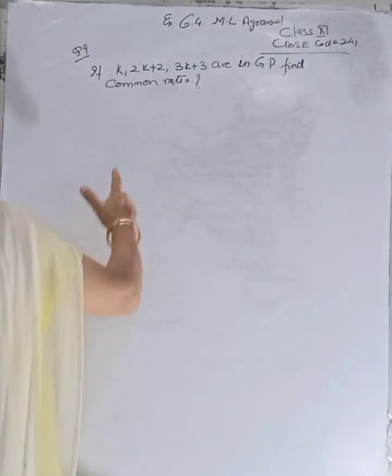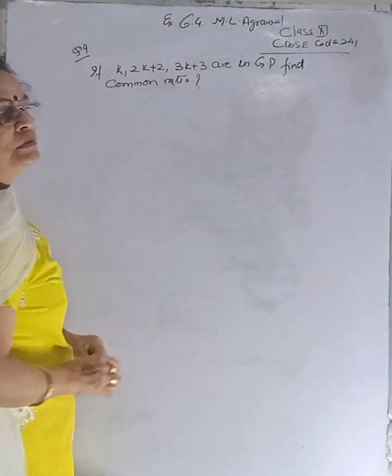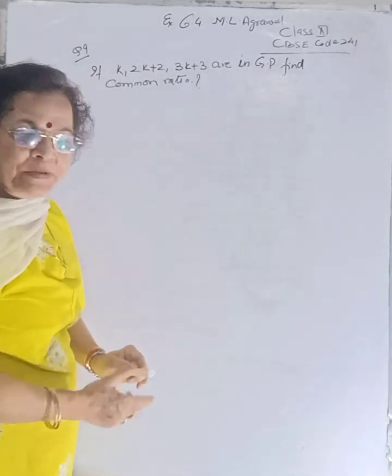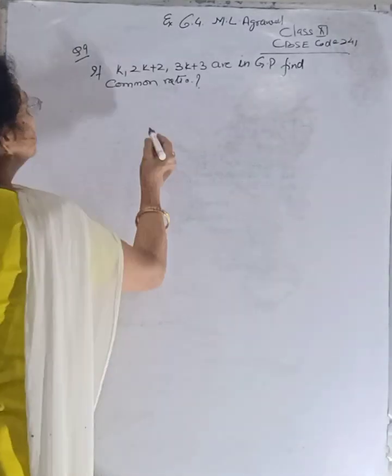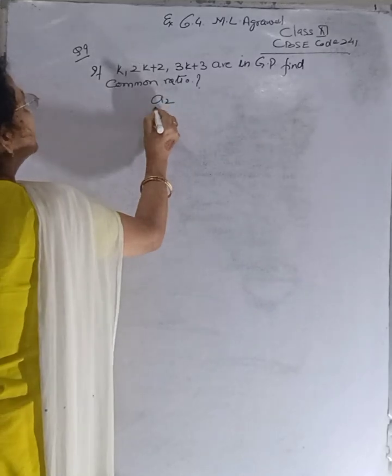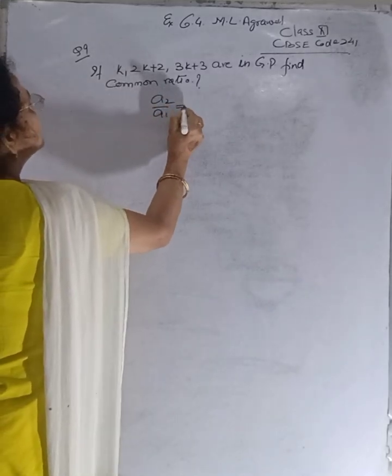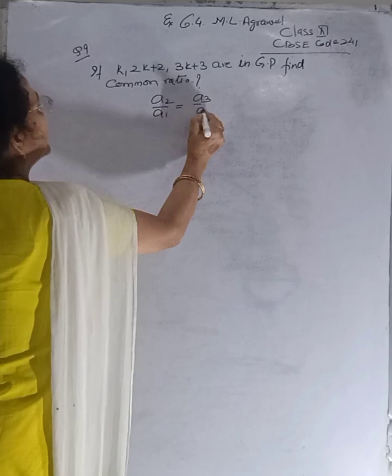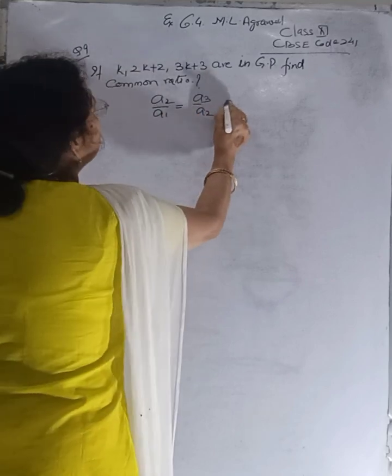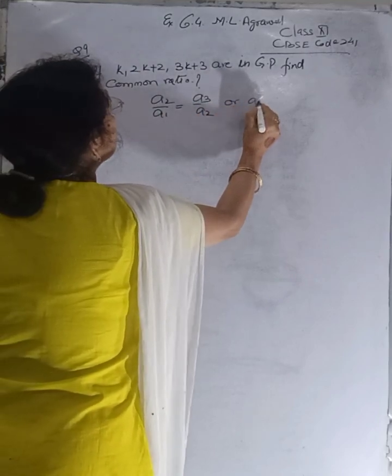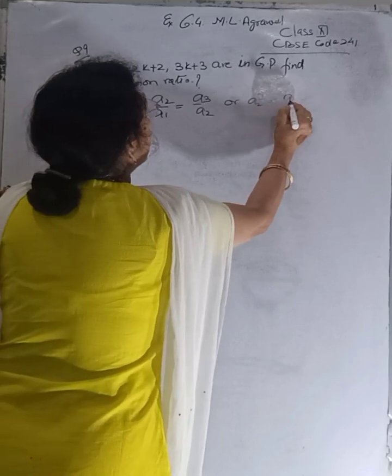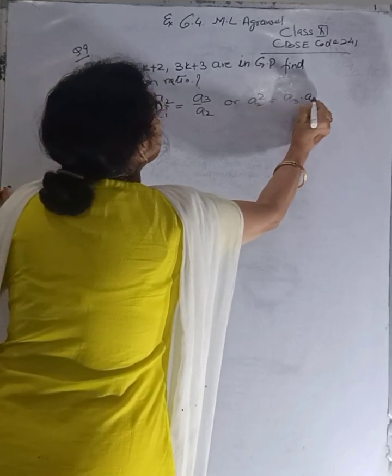Okay. The condition for these three terms to be in GP will be that A2 upon A1 is equal to A3 upon A2, or we can say A2 square will be equal to A3 into A1. Same thing.